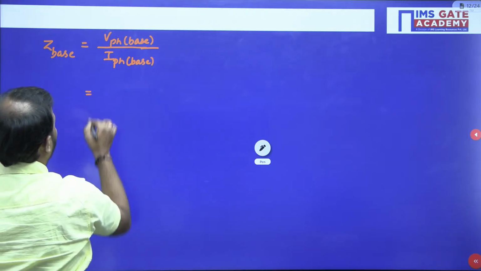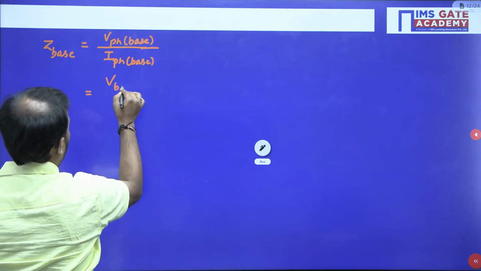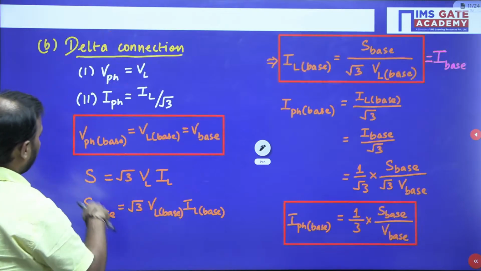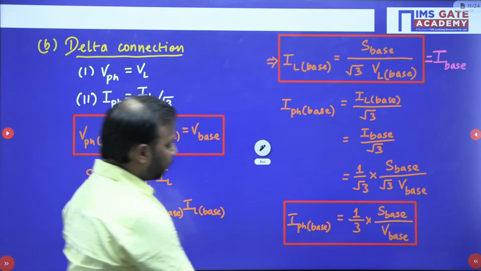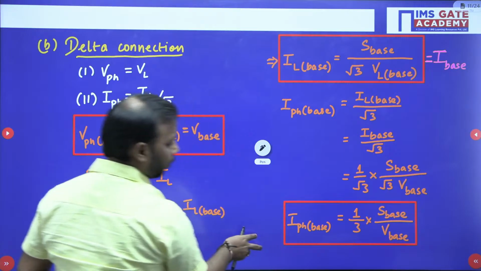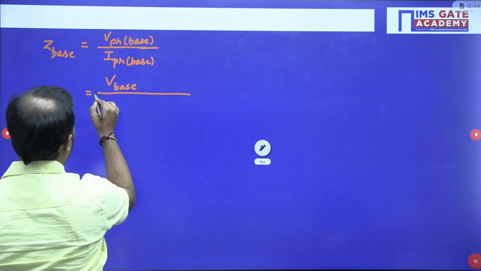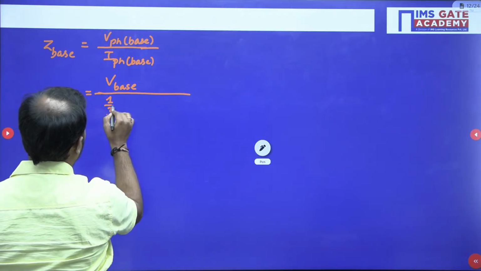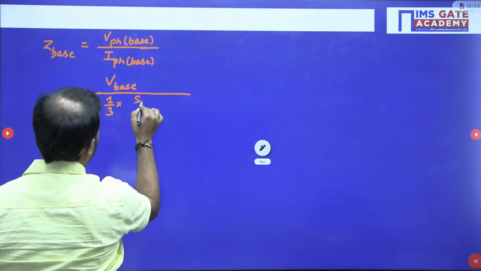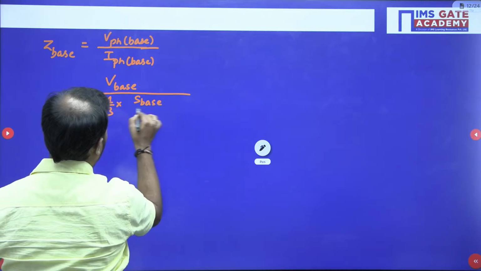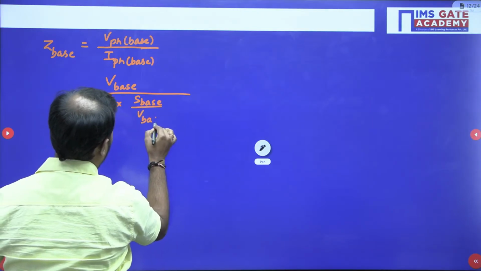Now V phase base, we wrote as V base, okay, and I phase base is 1 by 3 S base by V base. So this is V base divided by 1 by 3 into S base by V base.